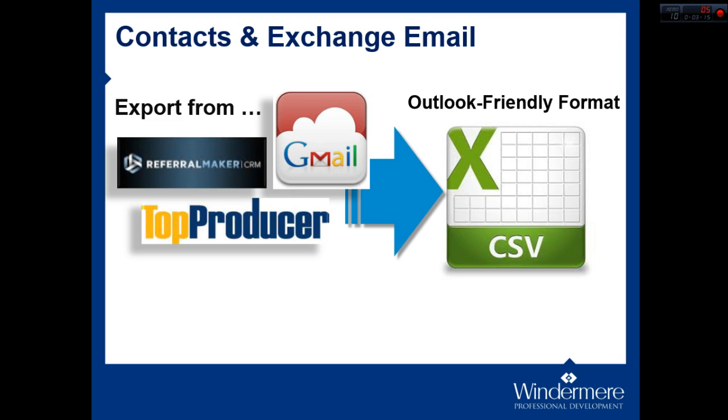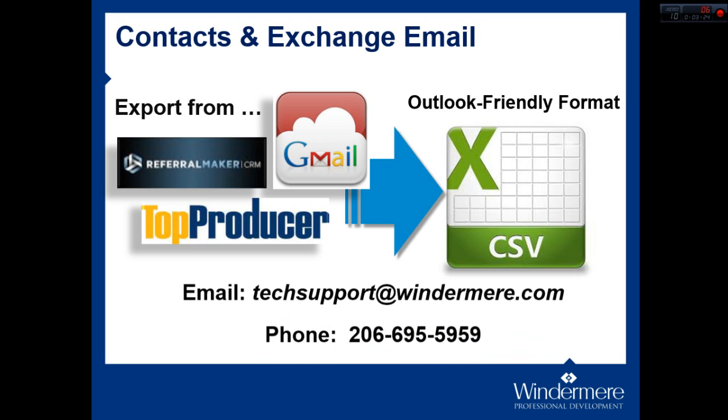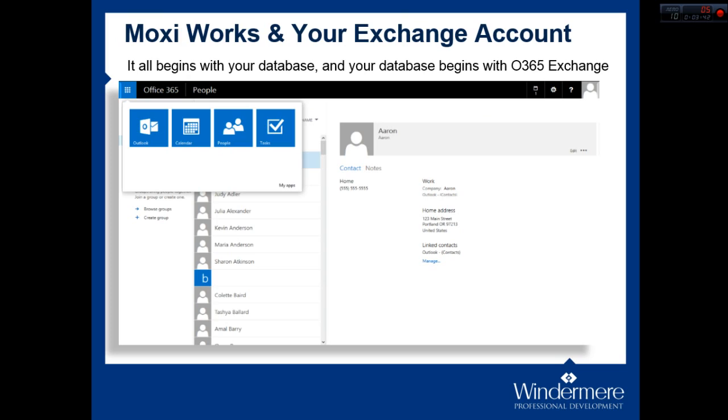It needs to be formatted properly to load into your Exchange account so that everything matches. And so you need to get a hold of tech support. They can help you out. Heck, you probably have somebody in your office, a staff person, who knows how to do this or could help you out. So check with your office manager. They probably can get you directed to the right people to help you out in getting those contacts exported and put into the proper format, because then it's really simple.